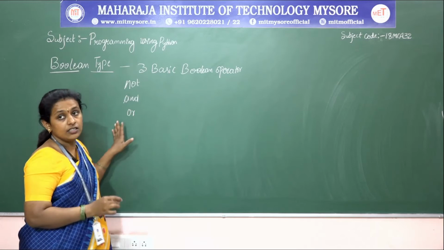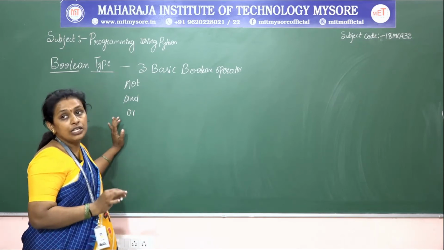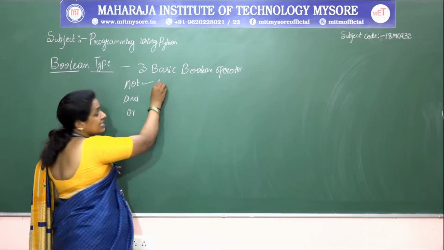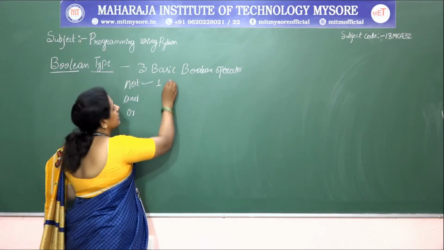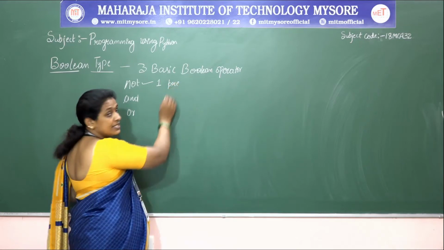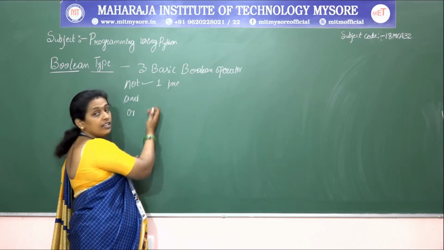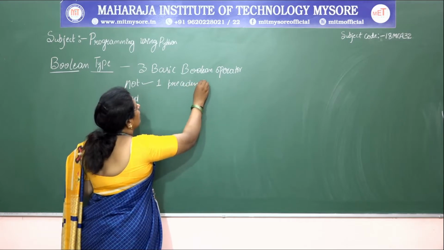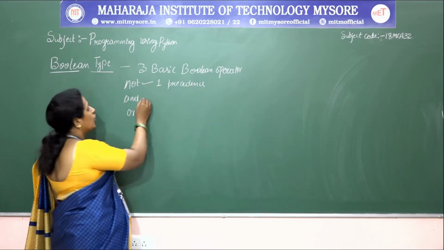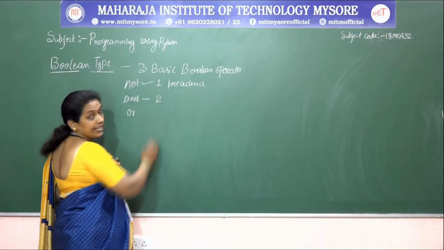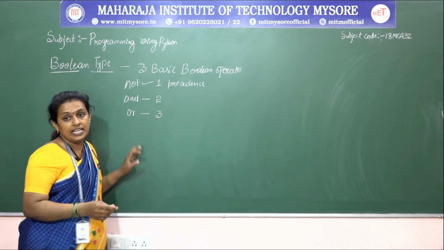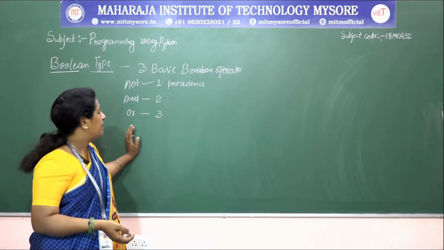Not has the highest precedence compared to and and or. After not, and has the second precedence. After that we have the or operator, which has the next precedence.